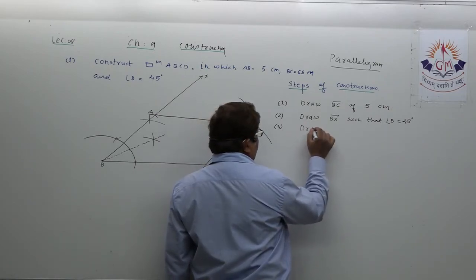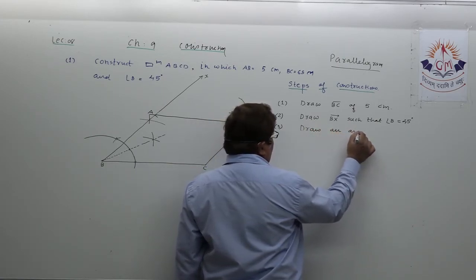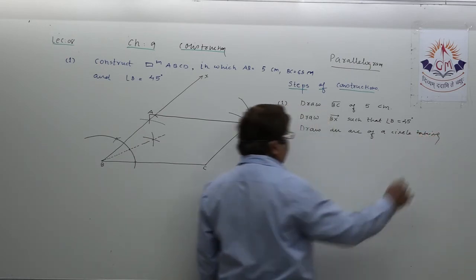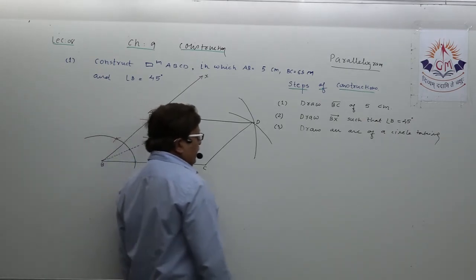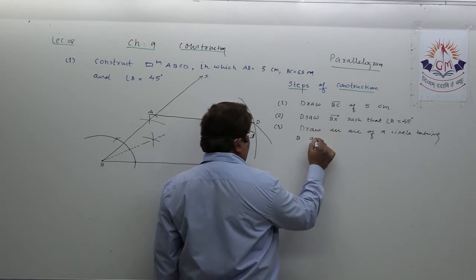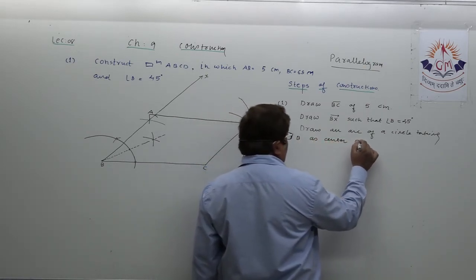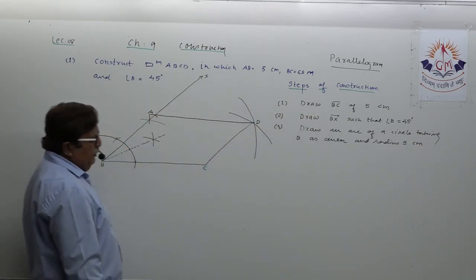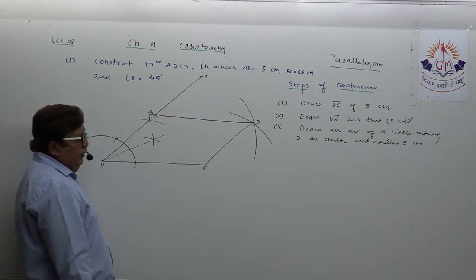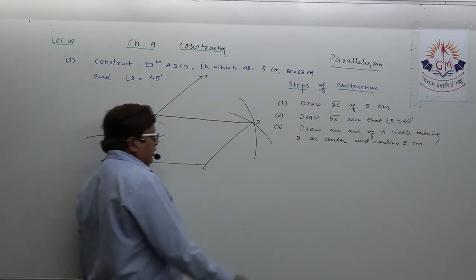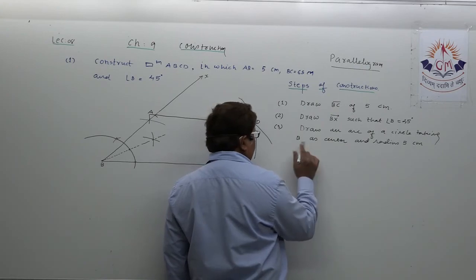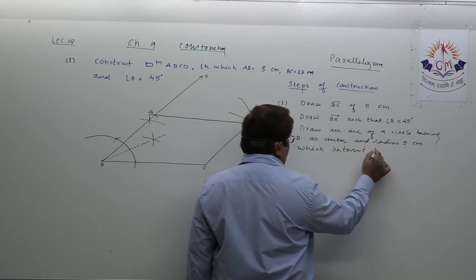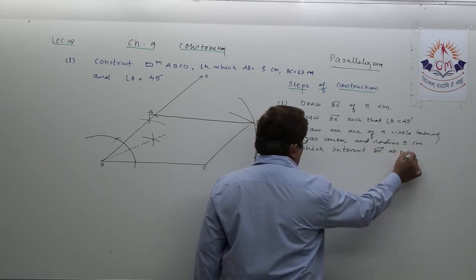Draw an arc of a circle taking B as center and radius 5 centimeter which intersects ray BX at point A.